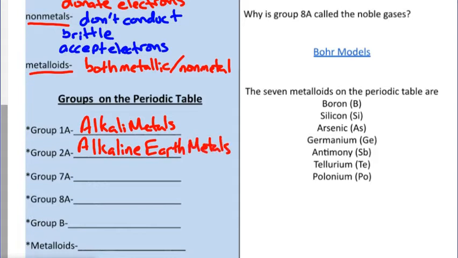In group 7, as we jump close to the far right of the periodic table, but not the furthest right column, we refer to that group as the halogens. And then group 8A are our noble gases.